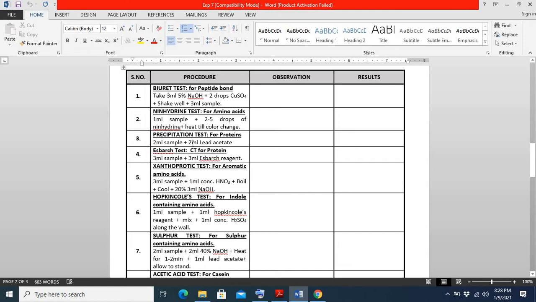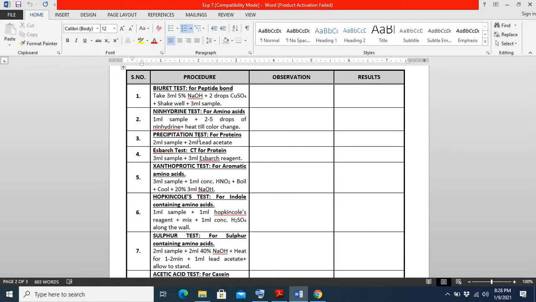Then we perform the precipitation test and get the precipitate at the bottom of the test tube. It is the indication that this is actually protein present in the unknown sample, because lipid and carbohydrate would not precipitate, only protein would precipitate. So test number 3 actually identifies the presence of protein in the sample.